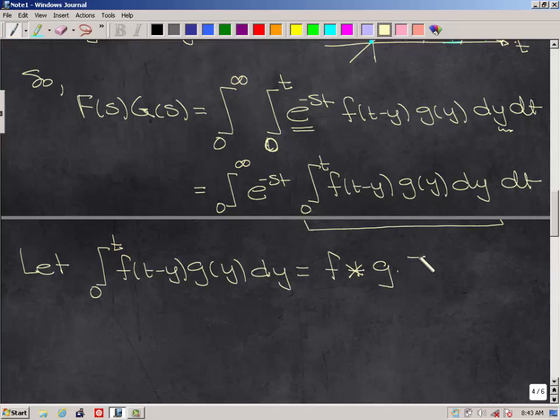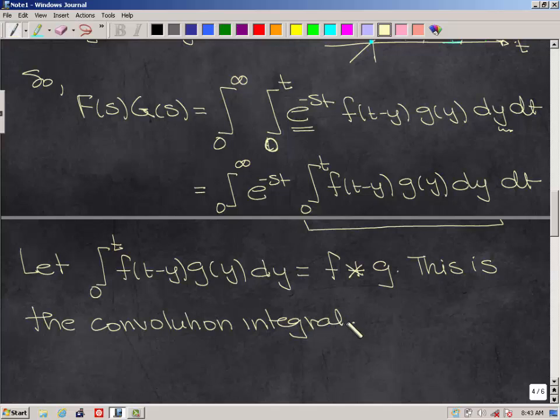Okay, this is the convolution integral. I'll call it just the convolution. So this is my convolution integral. So this is the formula for convolution.